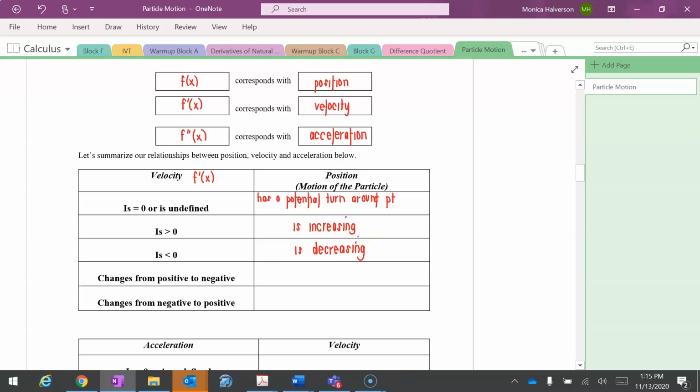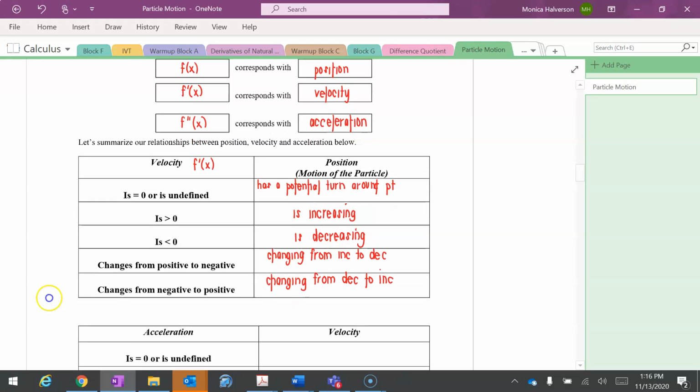If it changes from positive to negative, it means we are changing from increasing to decreasing. And if it changes from negative to positive, it means we are changing from decreasing to increasing. Everything that we've talked about with the first derivative test applies to position and velocity.